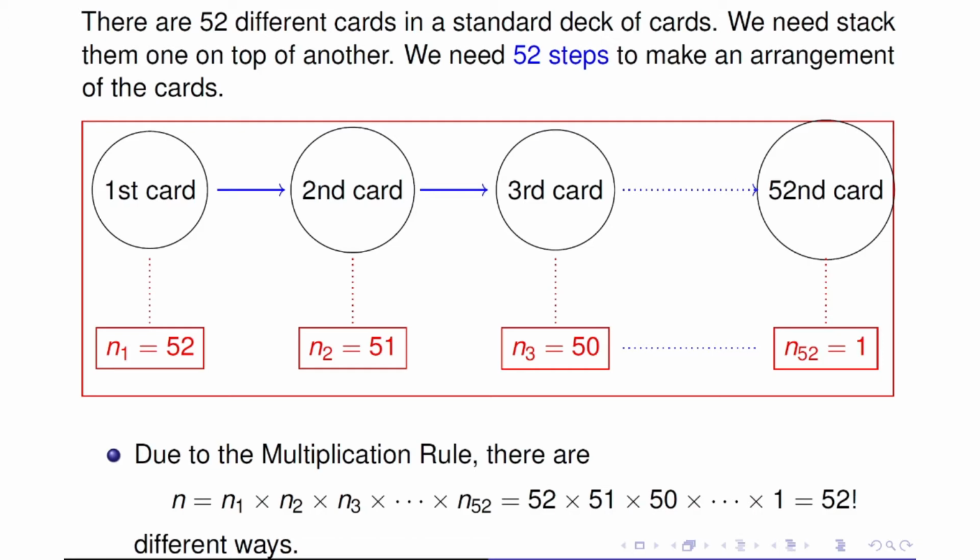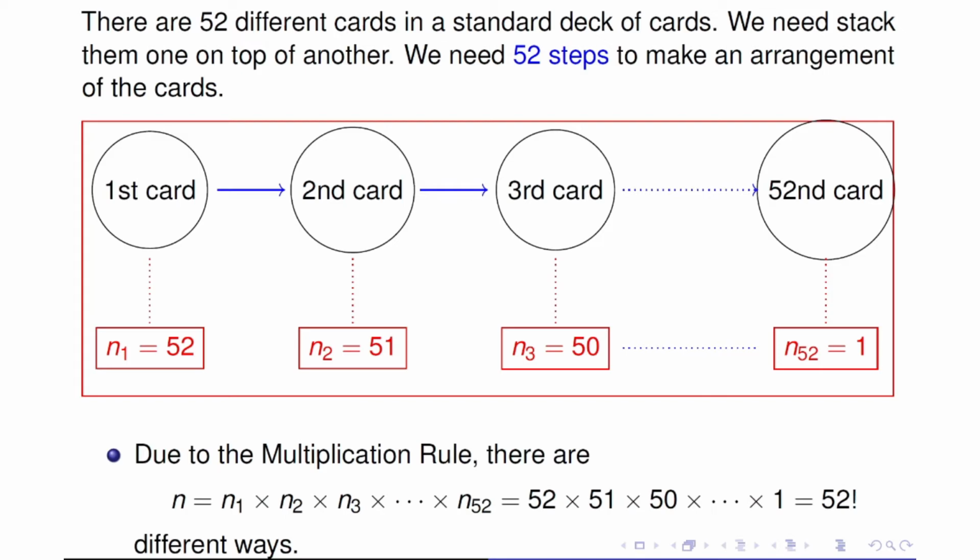This product is denoted as 52 factorial. So there are 52 factorial different ways. That's our answer, and that is how we solve this problem.